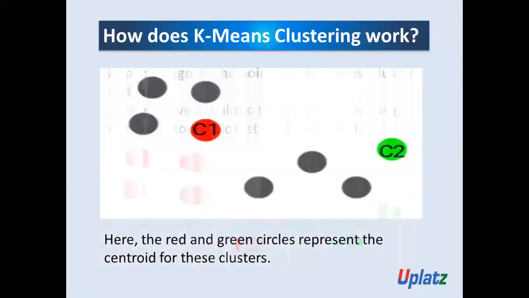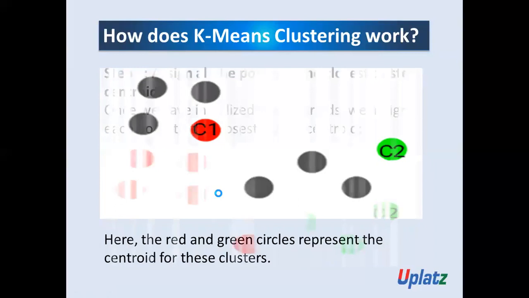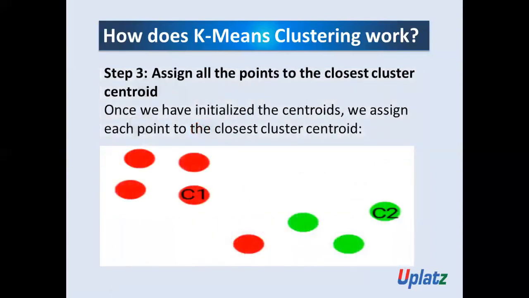See here in this image, obviously this point is nearest to C1, so you can assign this one to C1. And obviously this point is also near to this one. So you need to assign all the points to the closest centroid.